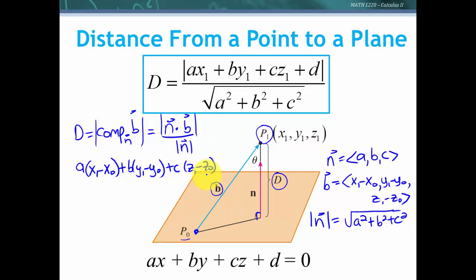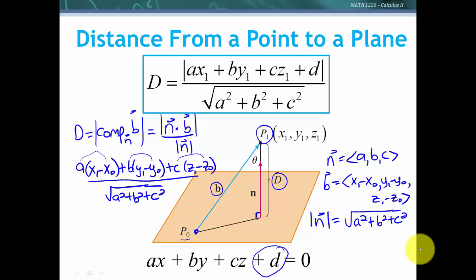Then we need to divide that by the magnitude of N, which is the square root of A squared plus B squared plus C squared. Then we saw that if we distribute the A to the minus x naught, the B to the minus y naught, and the C to the minus z naught, that is just a constant, and we can combine those and call that d. And so we have our distance.